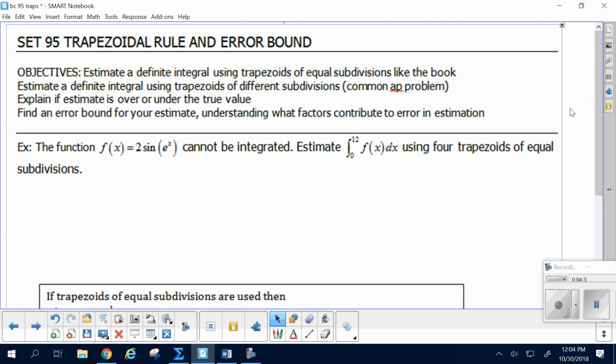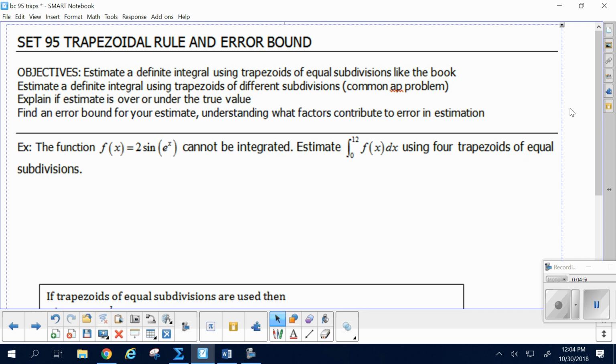Simpson's rule is a way of estimating area under the curve that they definitely teach in most colleges, but it's not on the AP curriculum. So I would like you to at least be familiar with it. But today, trapezoids. Trapezoid is a superior estimation of area under the curve than rectangles.